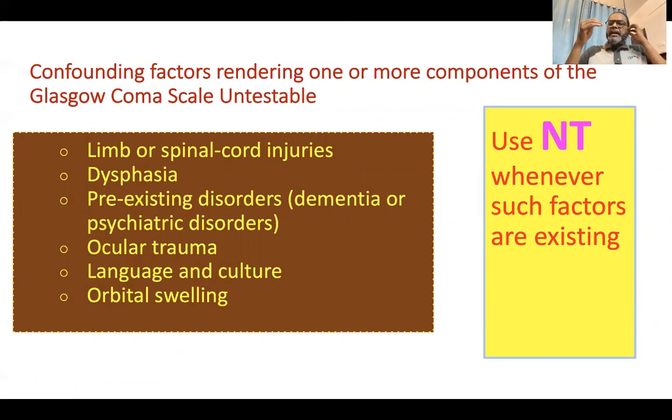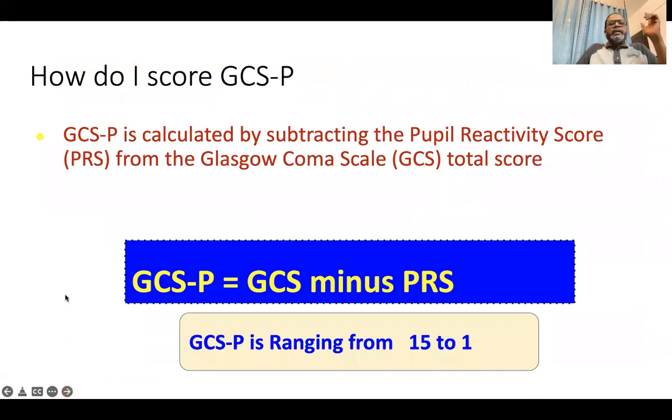All these are confounding factors rendering one or more components of the Glasgow Coma Scale untestable. In that case you just record NT, which means not able to test, not tested, or not testable.